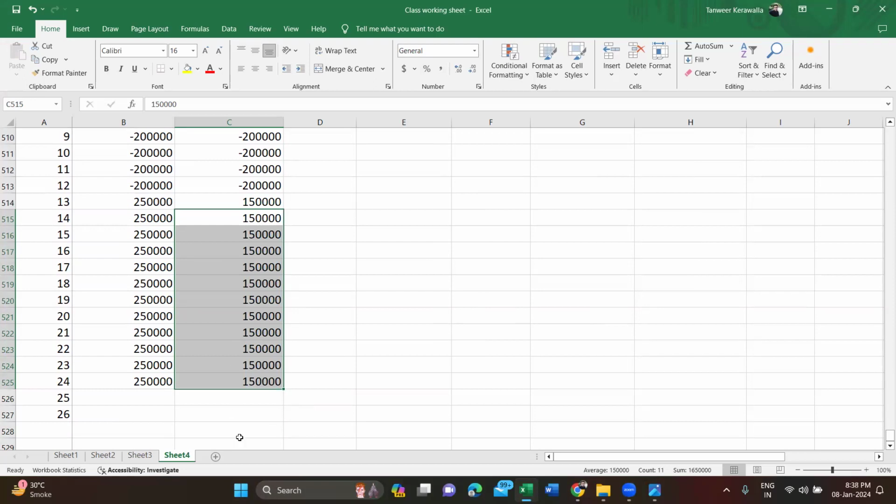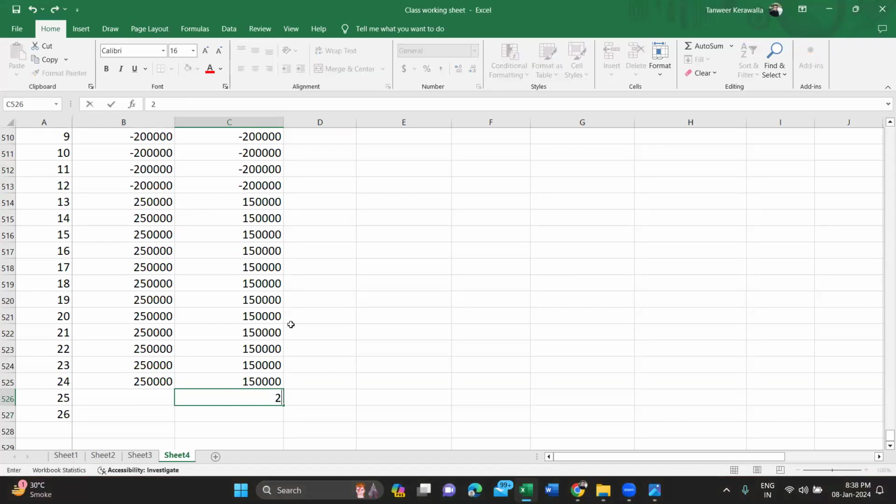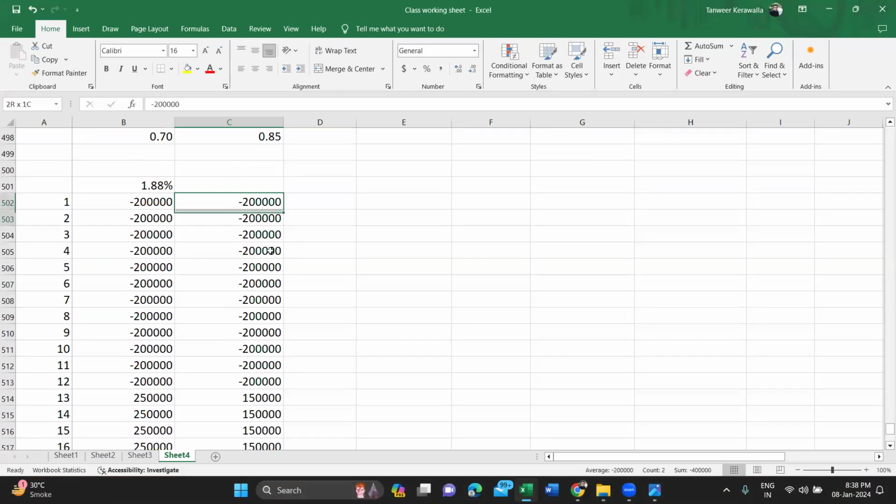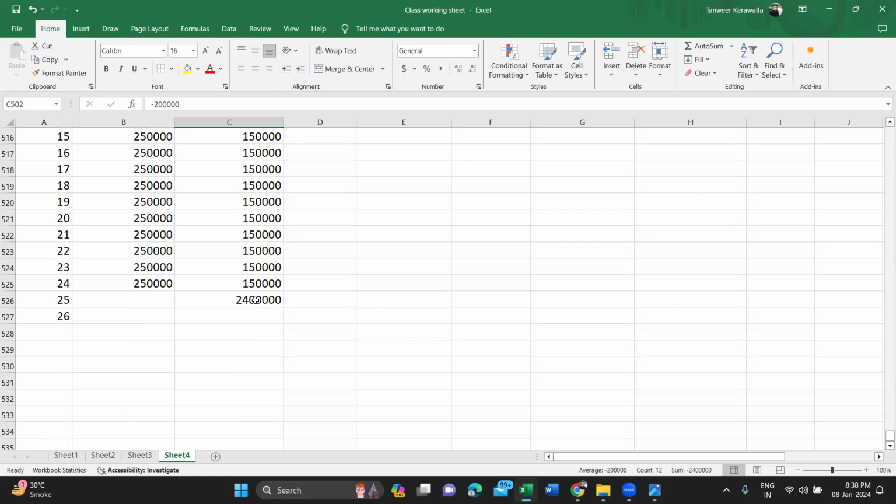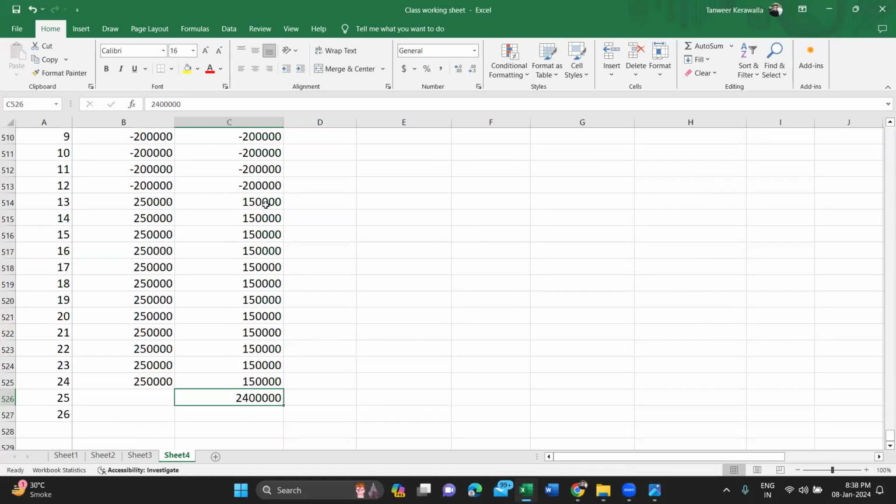And in the 25th year, they will give you your 24 lakh rupees back. That means what you have invested, this 24 lakhs, they will give you back in the 25th year, plus they will give you 1 lakh 50 every year for 12 years.